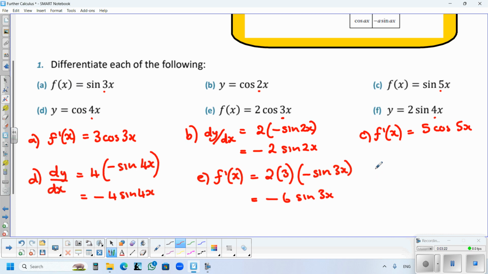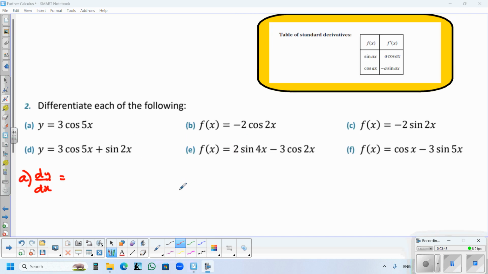Last one there, part F, we've got y, so it's dy by dx, and we've already got a 2 there, so we'll leave it. The number in front of x is 4, so it's 2 times 4, and the derivative of sine is cos, and it's 4x, because the angle's got to stay the same. Tidy it up, gives us 8 cos 4x.